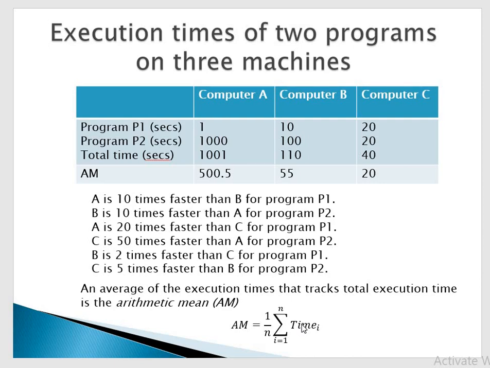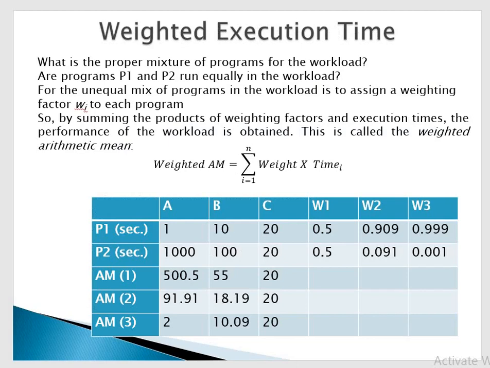But what will happen if the weightage of the different programs is different? Then this method cannot be used to evaluate the performance of the different programs on the different machines. So what will we do in that case? In that case, we will go with the weighted execution time.